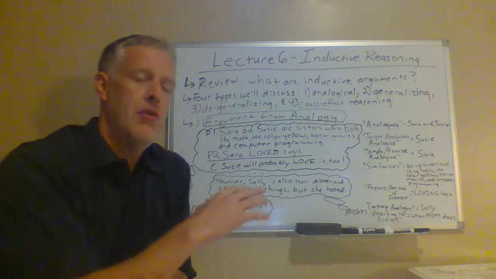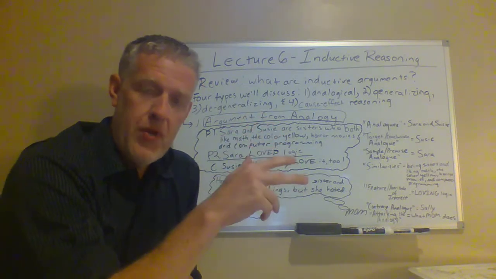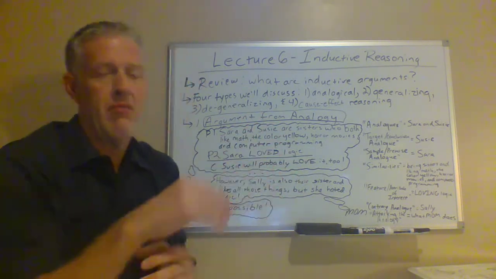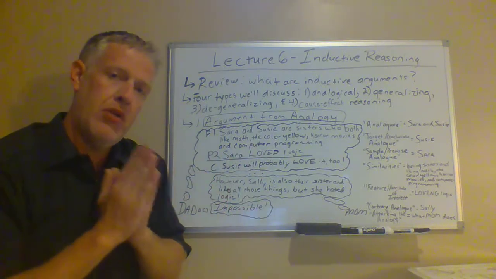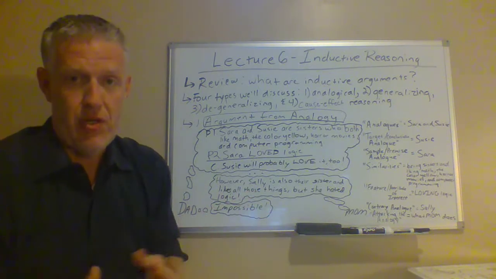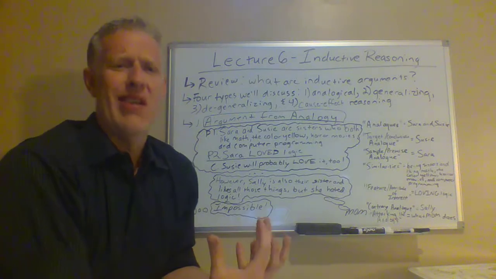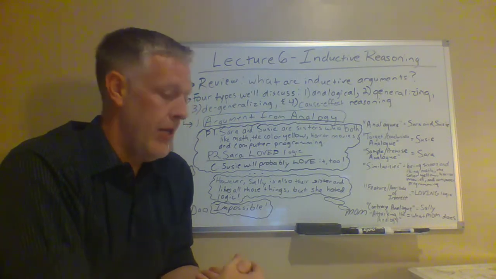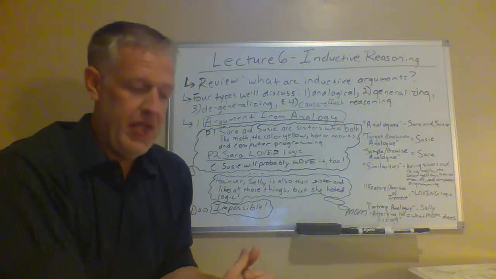We were first introduced to the idea of arguments in general in lecture 3 at the very end of section 1, and then what we've been doing in this second section is taking a much closer look at deductive arguments, and in this lecture we'll discuss inductive arguments or inductive reasoning. Okay, so that's the general game plan here for lecture 6.